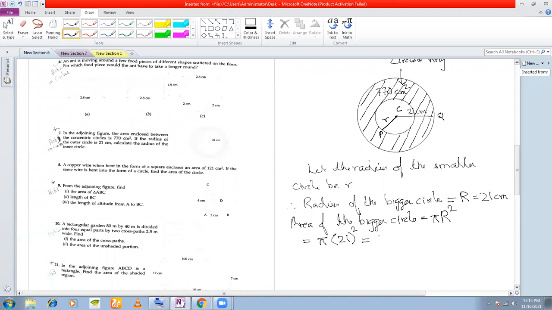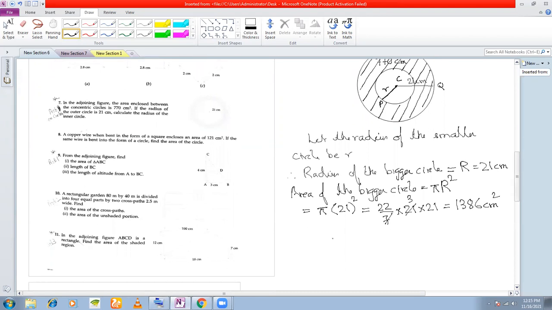Now you can put the value of pi as 22/7, and 21 square can be written as 21 into 21, right? If you cancel here, you will get 22 into 3 into 21, which is 1386 centimeter square. This is the area of the outer circle.